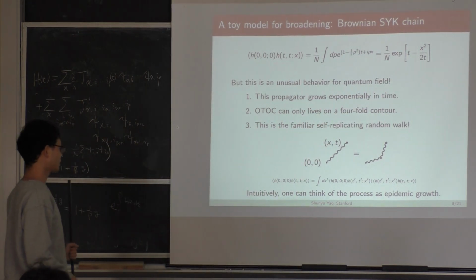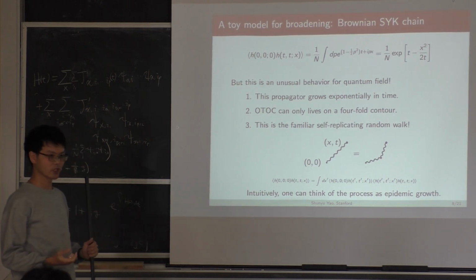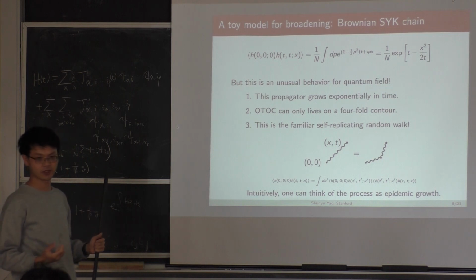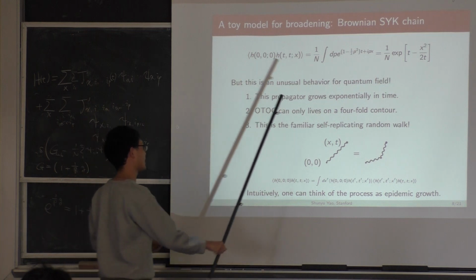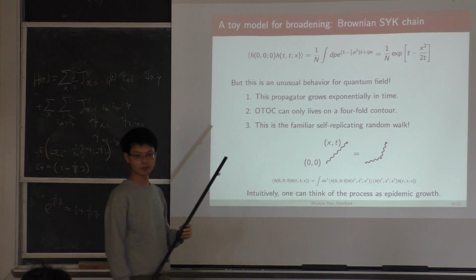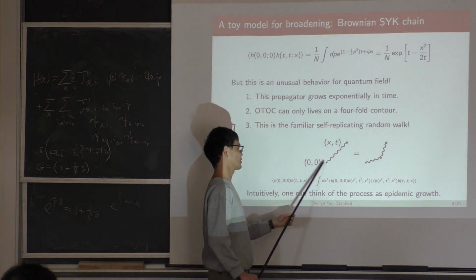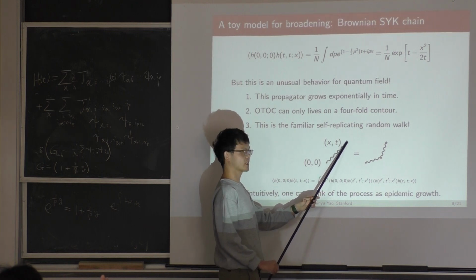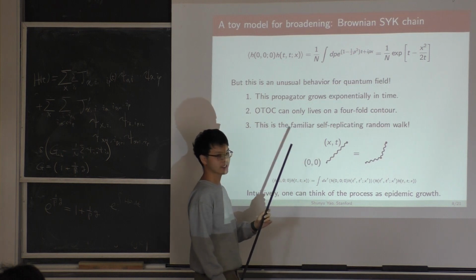What this implies is that you can think of the problem of OTOC or operator growth or scrambling in this Brownian SYK model as a classical epidemic growth. For example, this propagator has a Markovian property. If you want to ask what's the probability to get affected at position x and time t by an initial perturbation here, you can separate the process into two parts.